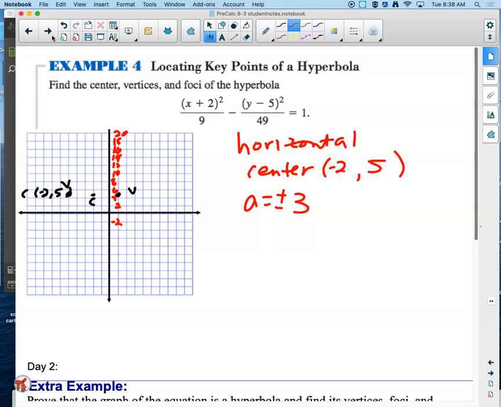And what's b? 7. So we're going up and down from our center, 7 units. Be careful because you're going by 2's. And you can make your box.